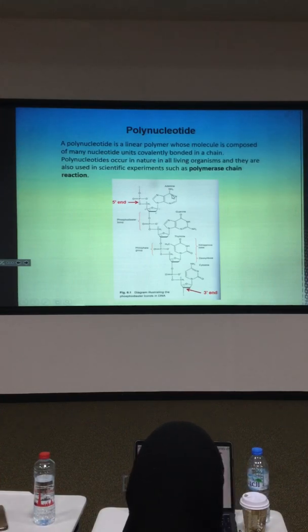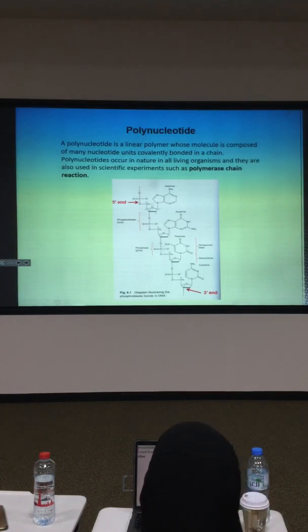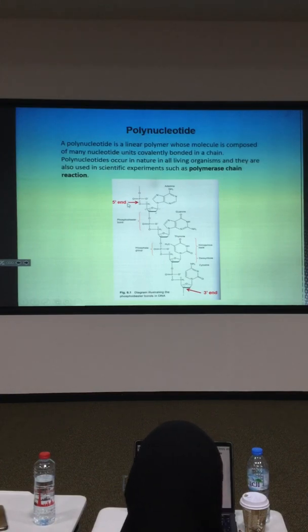At the 5' end, there is a phosphate group. The 3' end is the hydroxyl group of the ribose, and this 3' end is free.